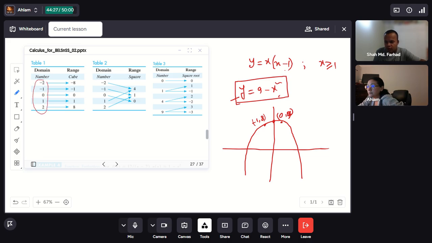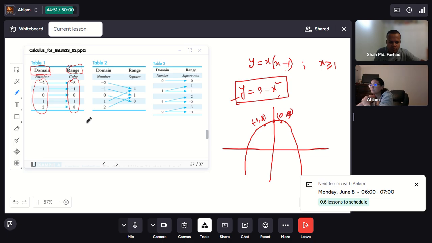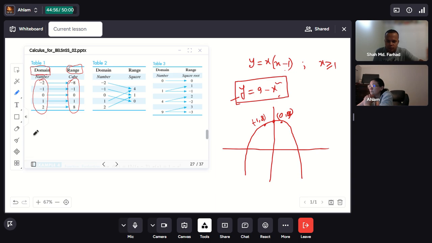So if it is a function, then we can say the elements of the first set are called the domain, and the elements of the second set are called the range. Is it clear? Yes, clear.